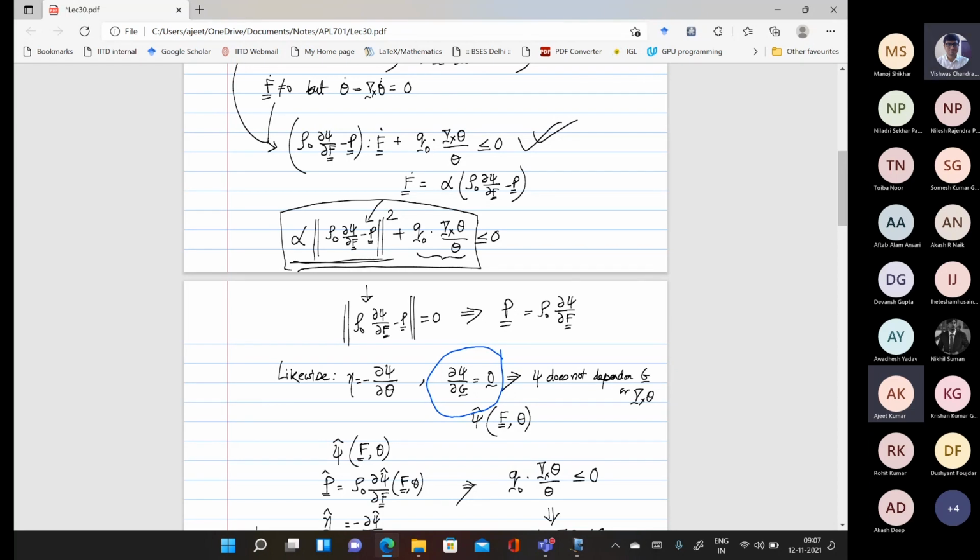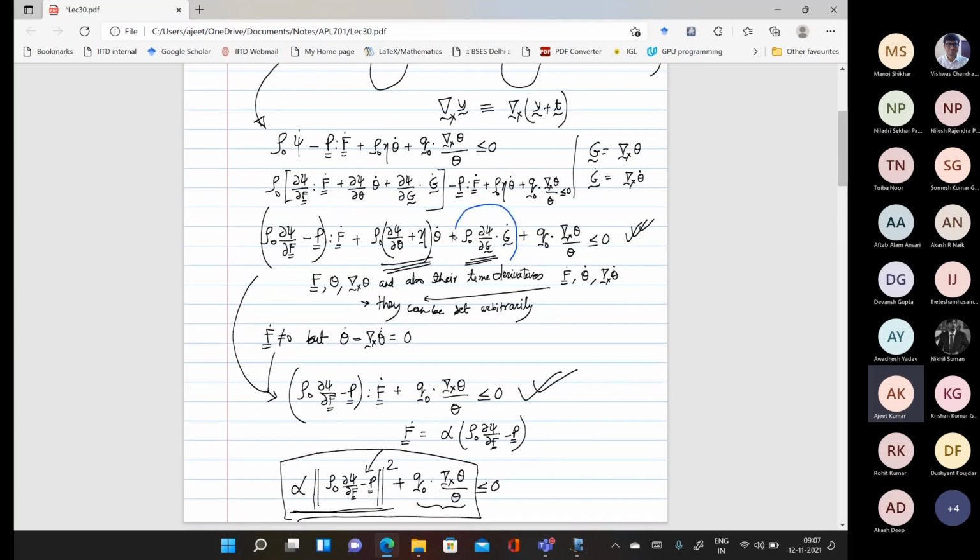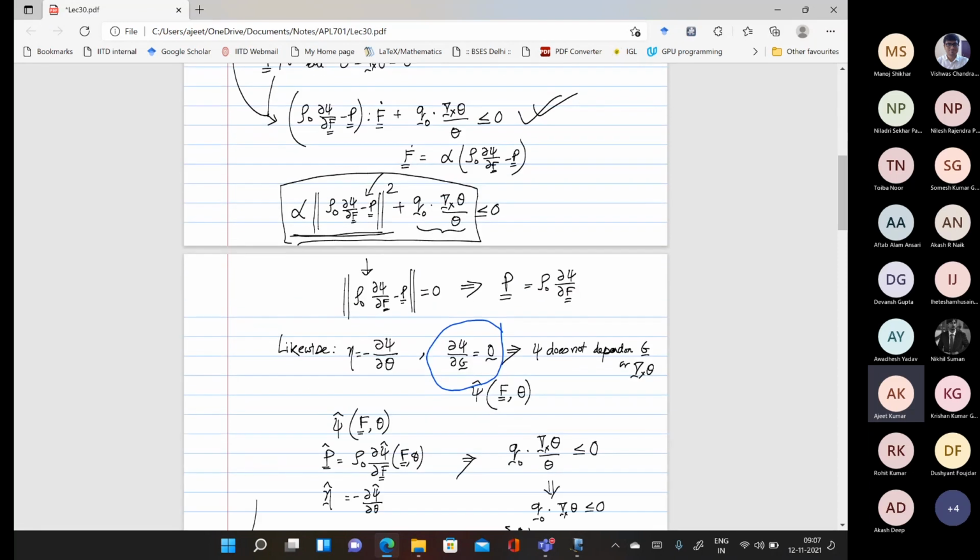In the inequality you have this term also, no? Because f dot, theta dot, g dot can all be chosen arbitrarily, their coefficients must vanish. And that's how we see that del psi by del g must be equal to 0. So psi must be independent of g, which is grad theta.